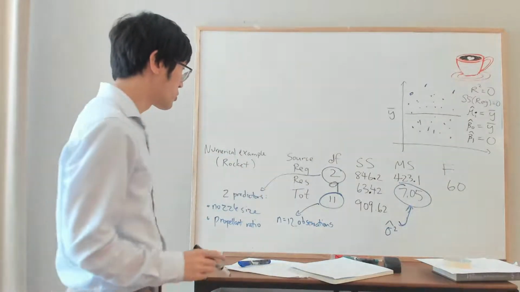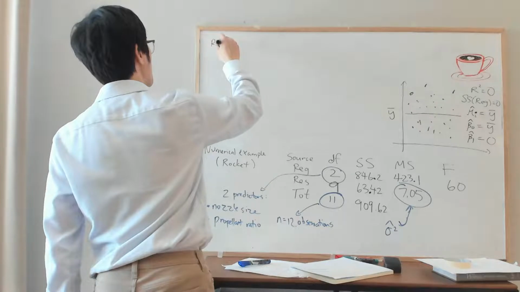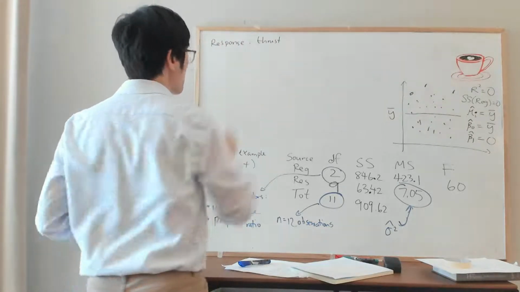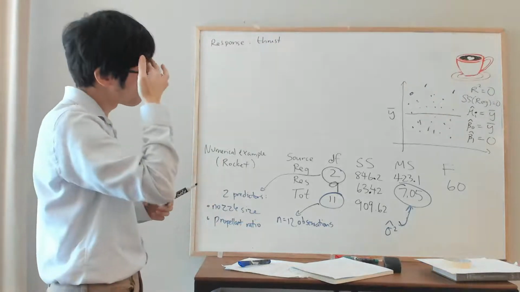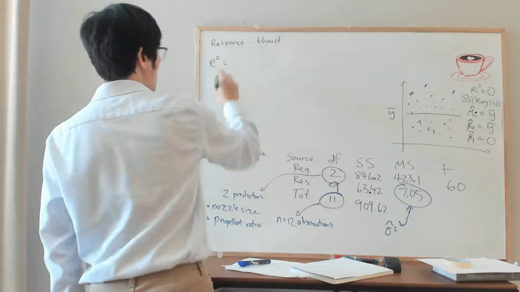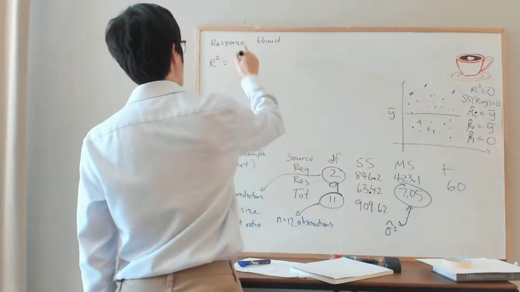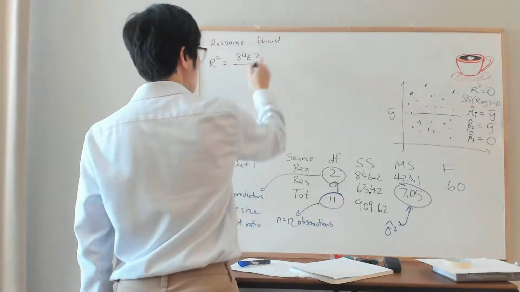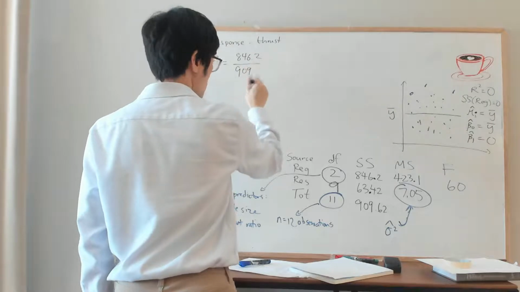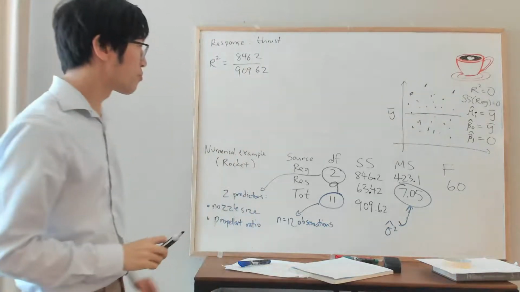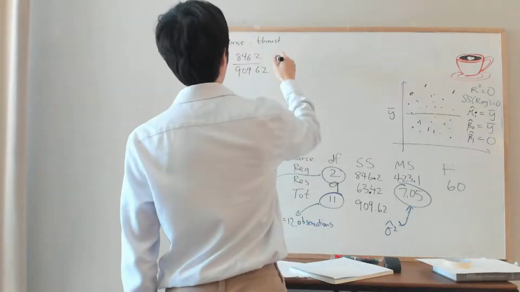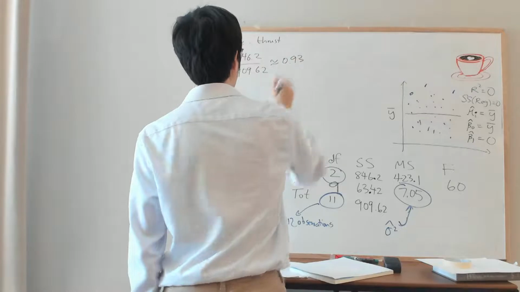Remember, the response here is the thrust. According to this ANOVA table, we see that R squared is this ratio, the sum of squares regression, 846.2, over 909.62, which is about 0.93. So that's pretty high.